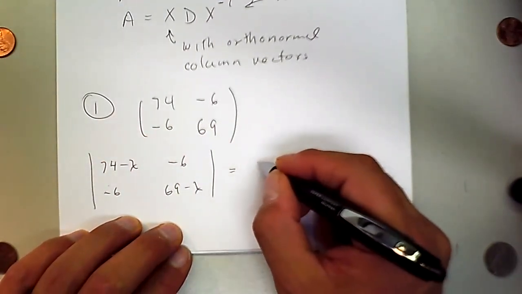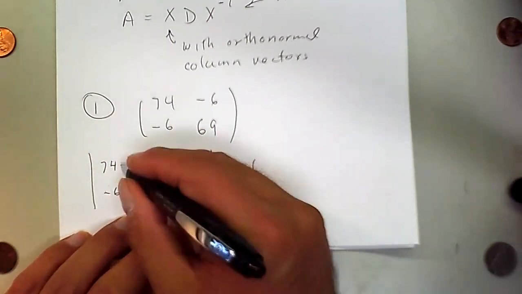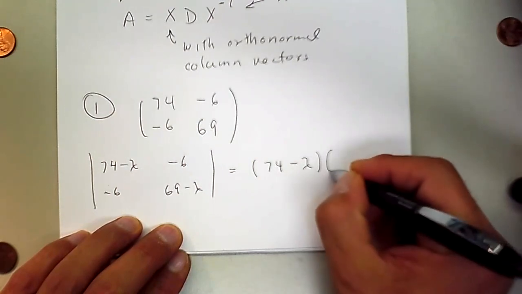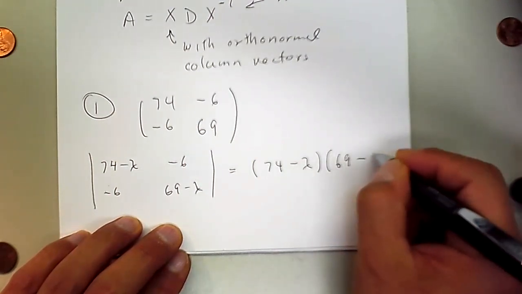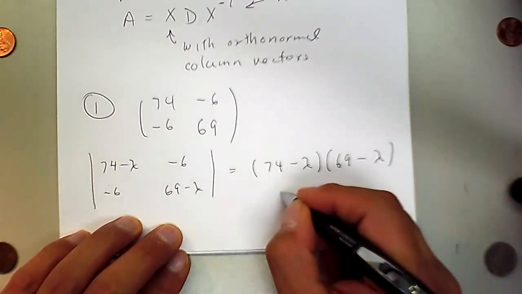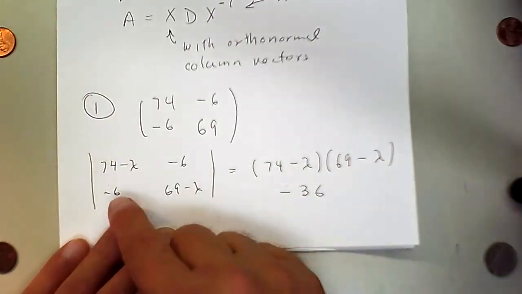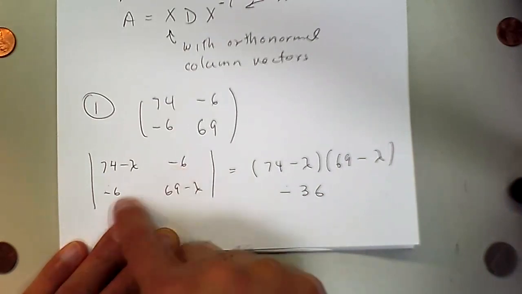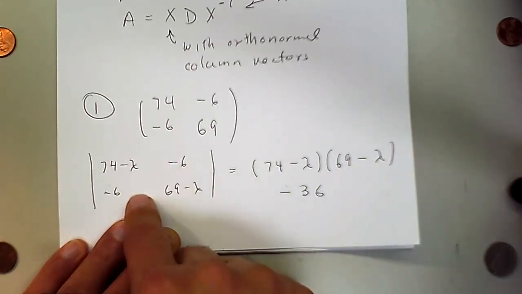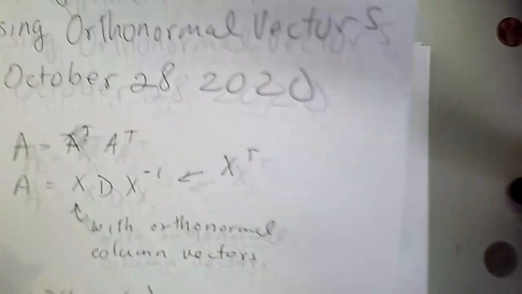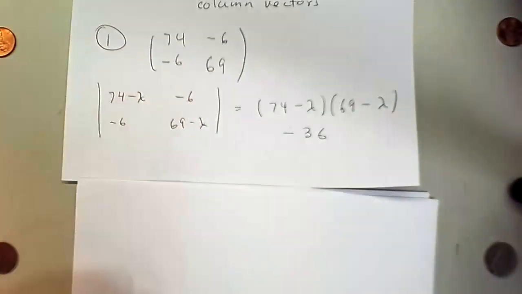That is those two multiplied together, 74 minus lambda times 69 minus lambda, minus 36. The two negatives multiplied together is 36, and we subtract this product. We've got to be very careful as we go through those computations.